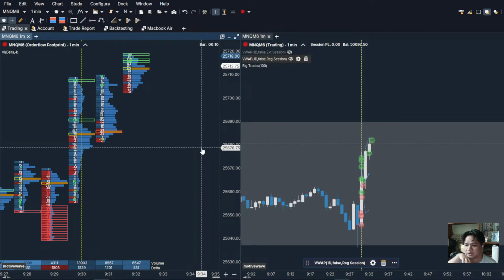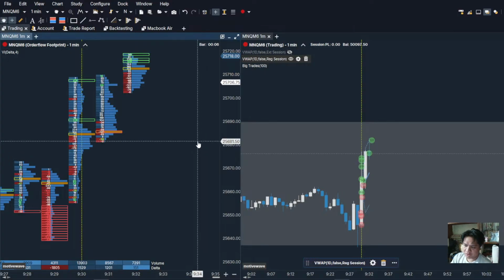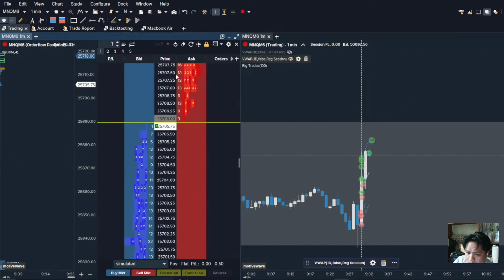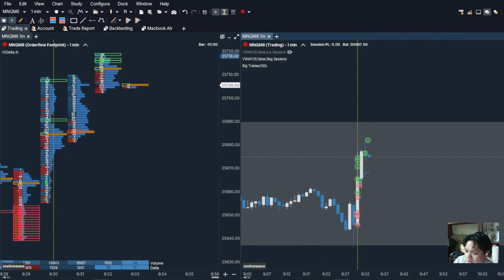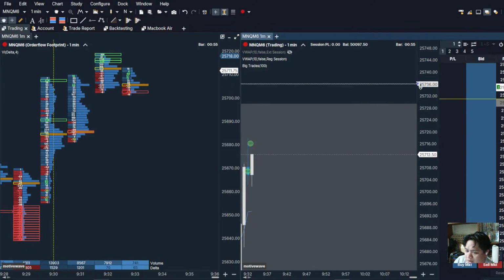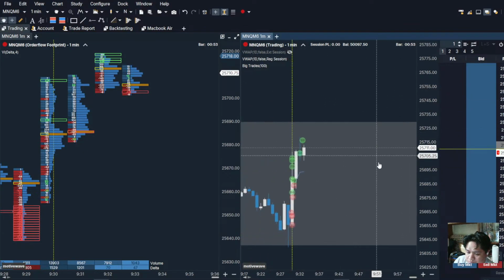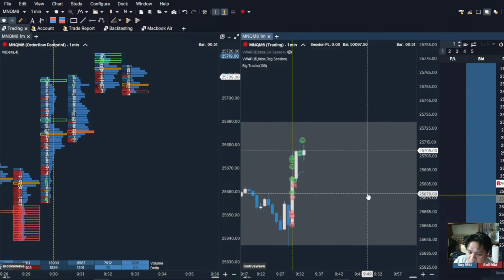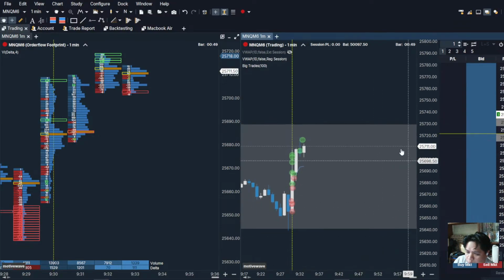Buyers are stepping in this market. Just by the way, I've been losing quite a bit. So for today's trading setup, I'll just be using the simulated account with Motivate.